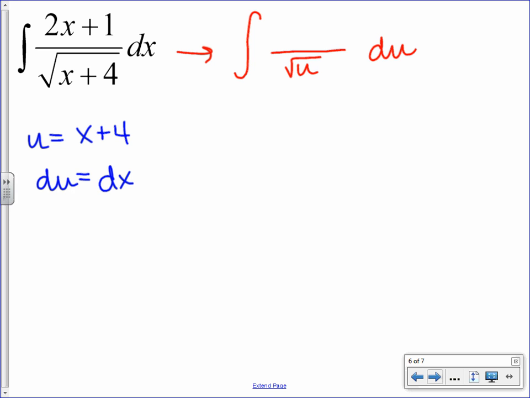We have the square root of u in the denominator, and 2x plus 1 is really 2 times x, which is the same thing as u minus 4. Everyone see how we got the u minus 4? Since u is x plus 4, then x is u minus 4.